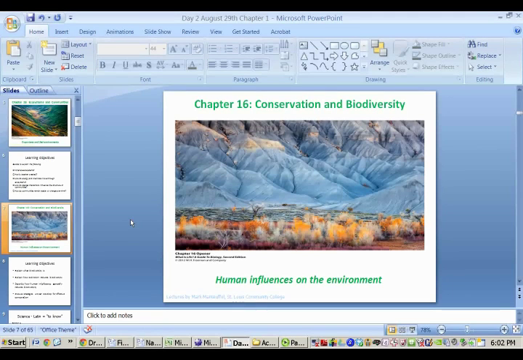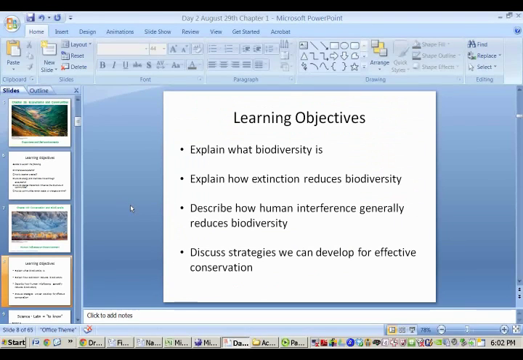Finally, we'll end off the semester with conservation and biodiversity, which is often one of the things that students are the most interested in, looking at the ways humans influence the environment, and how if we don't go through certain types of conservation actions, we can actually lose biodiversity here on Earth, and that can have a detriment to the humans along with everything else.